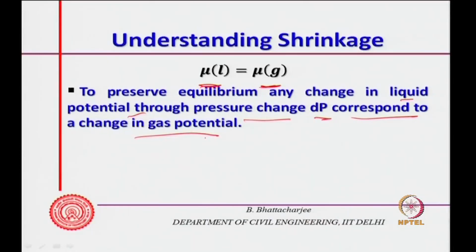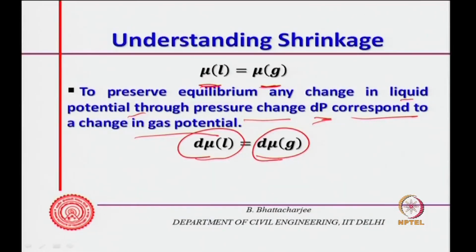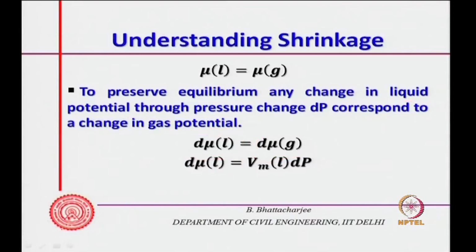So, when I have applied pressure to the liquid, let us say dP is the pressure I have applied, the liquid potential changed and correspondingly the gas potential must have also changed, otherwise there would be no equilibrium. So, therefore, differential mu L must be equal to differential mu G, where mu L and mu G are the chemical potentials of liquid and gas. Now, one can write d mu L as V m L, the molar volume of the liquid, into dP, because molar volume is not changing.